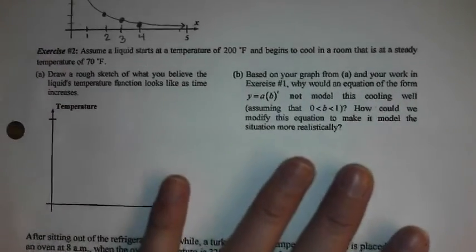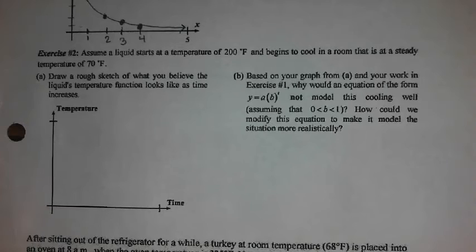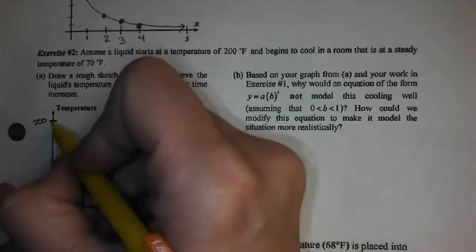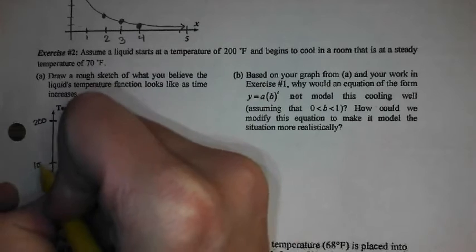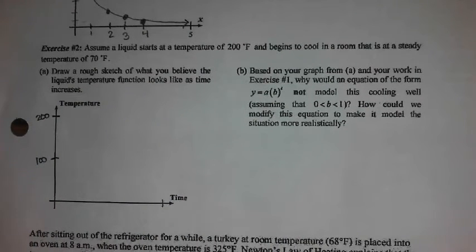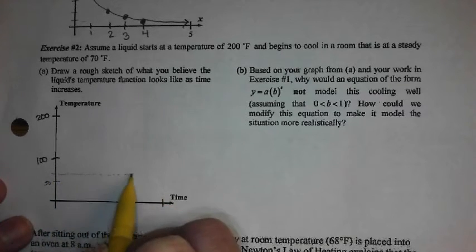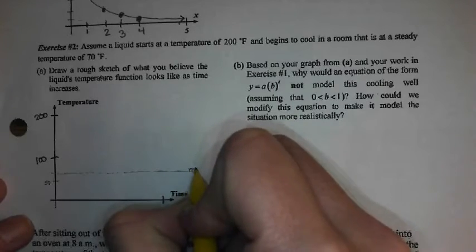Quick review there. Now we have a liquid that's starting at a temperature of 200. So let's label this 200. And therefore halfway up would be 100. And it begins to cool in a room that is at a steady temperature of 70. So where would 70 be? This would be maybe 50, so 70 would be about here, right? That's room temp.